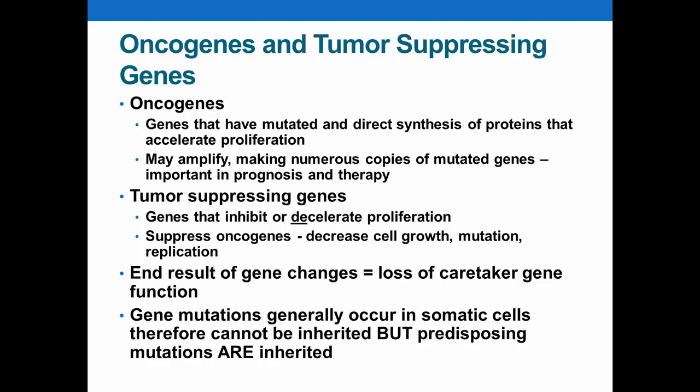So when these oncogenes, these genes that have mutated and are now changing the synthesis of proteins, may amplify, they make numerous copies of these mutated genes, and that becomes important both in the prognosis and therapy, because if we can turn off these mutated genes, if we can turn off these oncogenes, then we can stop the synthesis of these proteins.